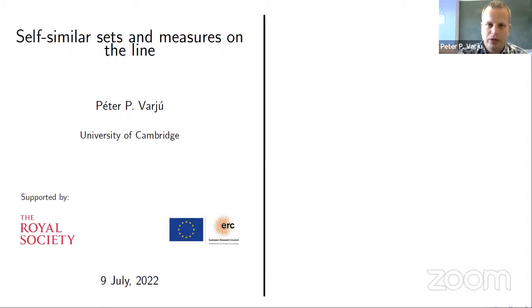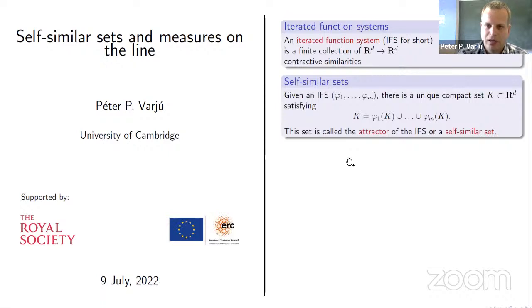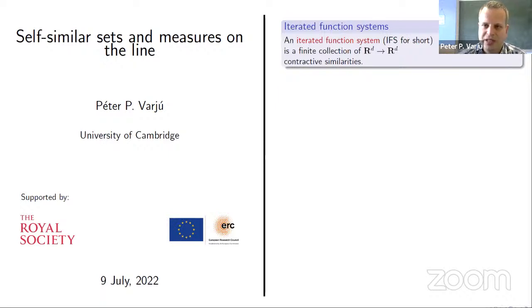I will talk about self-similar sets and self-similar measures. So I will begin with the definition. Okay, so first, an iterated function system is a finite collection of contractive similarities on R^d. So it's scaling and rotation followed by translation.